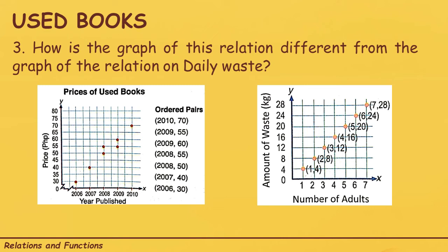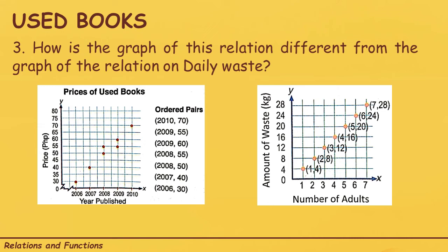Okay, so tignan natin mabuti. Parehas silang increasing from left to right. Okay, dun naman sa ating mga points, dito tayo nagkaroon ng difference between the two graph. Kung mapapansin natin sa first graph natin, merong isang year dyan na dalawa yung points, yung year 2008. Dalawang points ang naka-align sa year 2008.